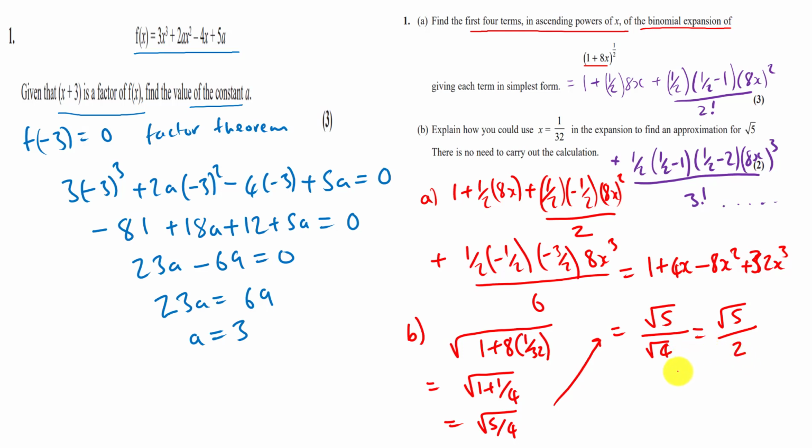Now if you substitute 1 over 32 into the expansion, then we double the answer, and we would get an estimate for root 5.